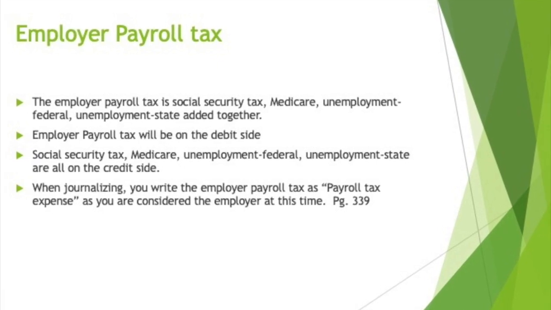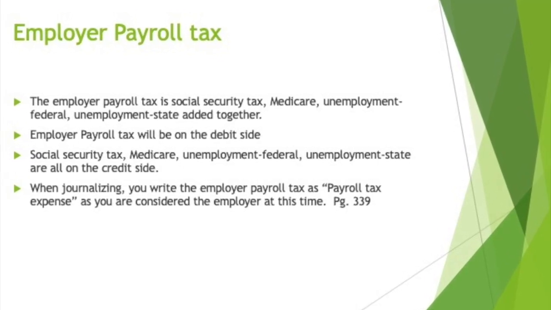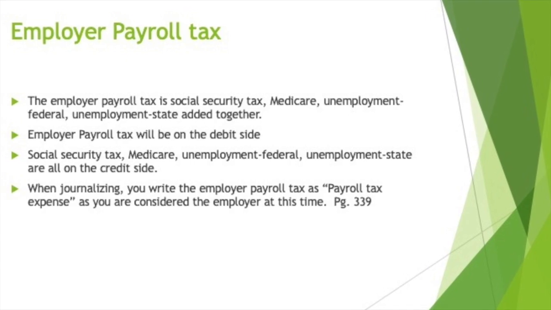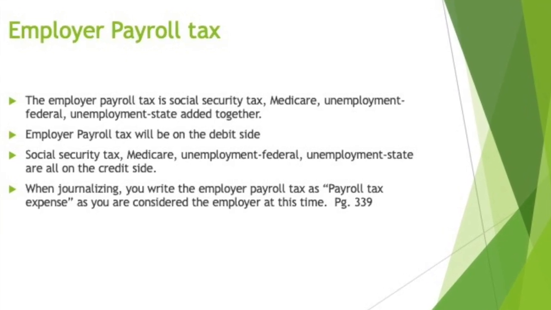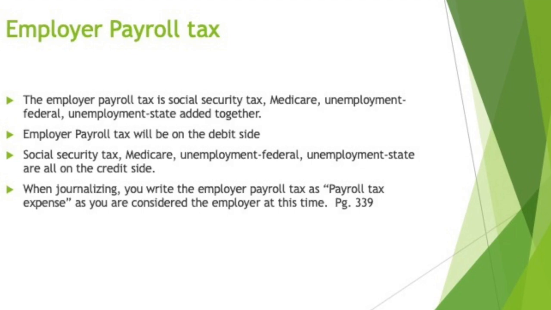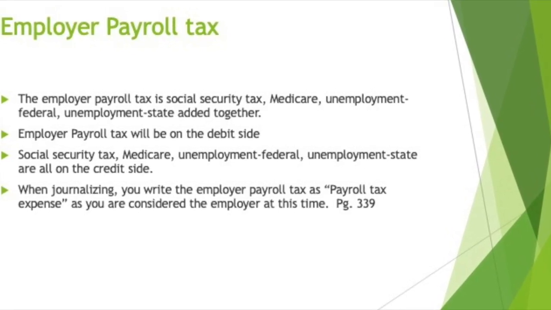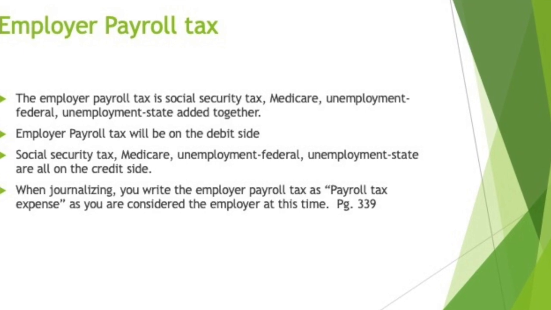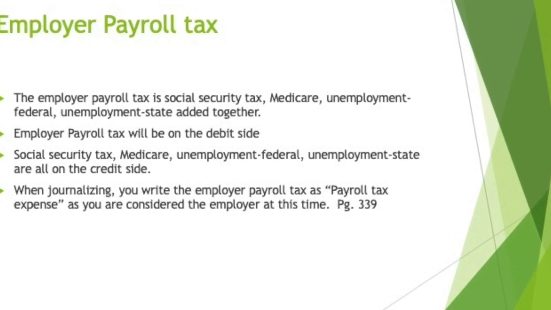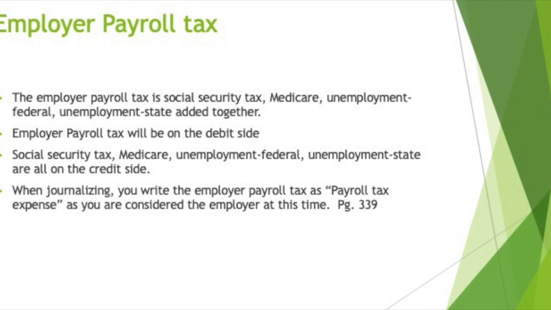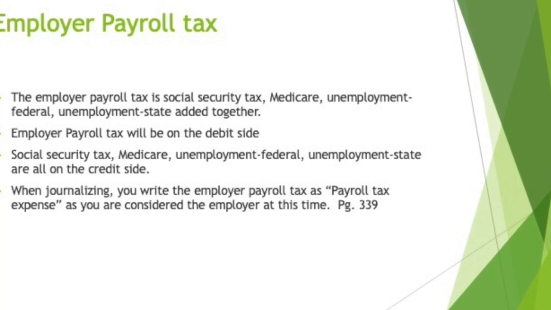Social Security tax, Medicare, unemployment federal, and unemployment state are all on the credit side because they will be considered a payable in this section. When journalizing, you will write the employer payroll tax as payroll tax expense. Like I said, as you are considered the employer at this time, you can reference page 339.